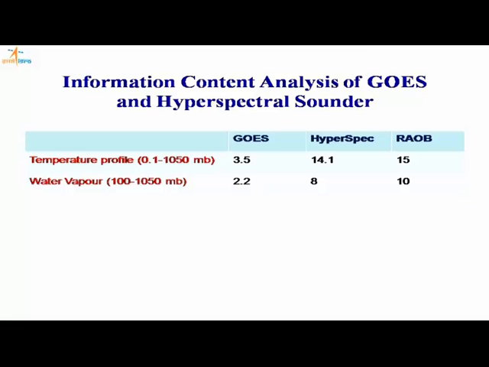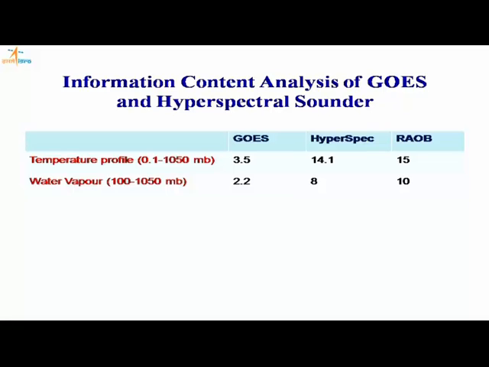And we are comparing here the result of the GOES satellite, which has 18 channels. This is a multispectral, that is a broadband sounder, with the hyperspectral sounder typically having more than 2,000 channels. Now if we see for temperature profiles, if we retrieve the temperature profile from a multispectral sounder like GOES, we get independent pieces of information as 2.5, whereas hyperspectral sounders give you 14 independent pieces of information.